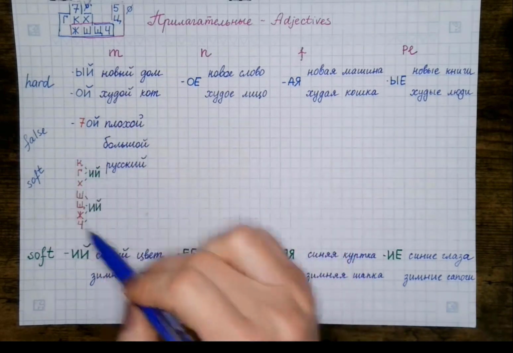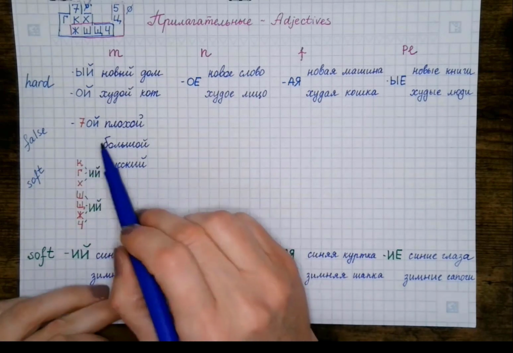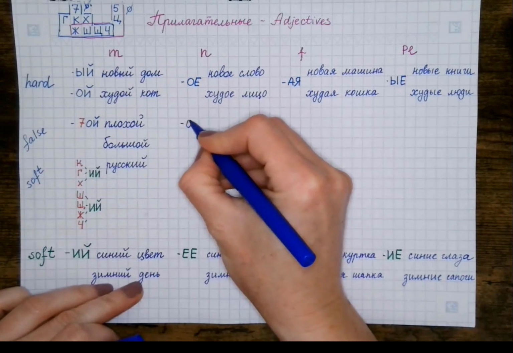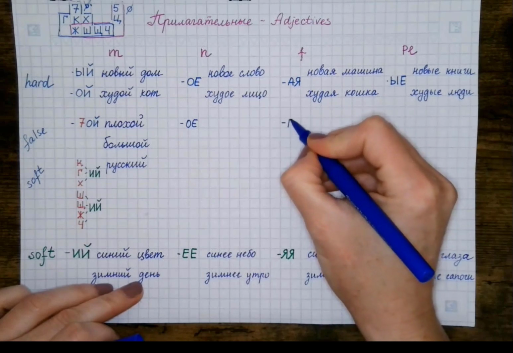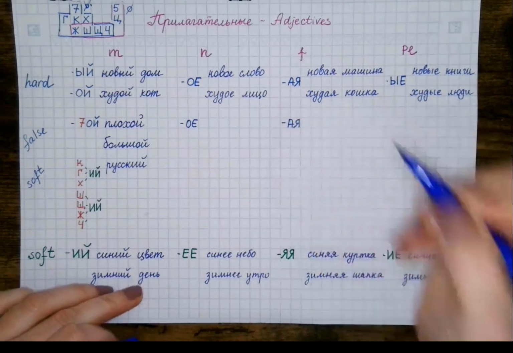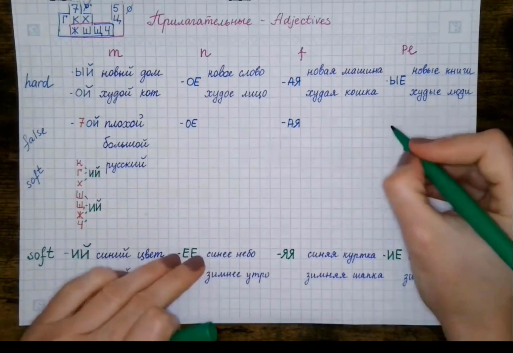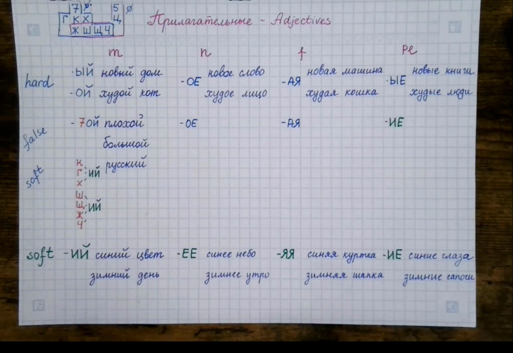Okay, and now let's look at our full soft category. So first, let's review the endings. So when we have the 7-letter rule preceding ой, neutral won't change, it will stay ое. Feminine won't change, it will stay ая. But plural will change to its soft counterpart ие. So let's take a look.